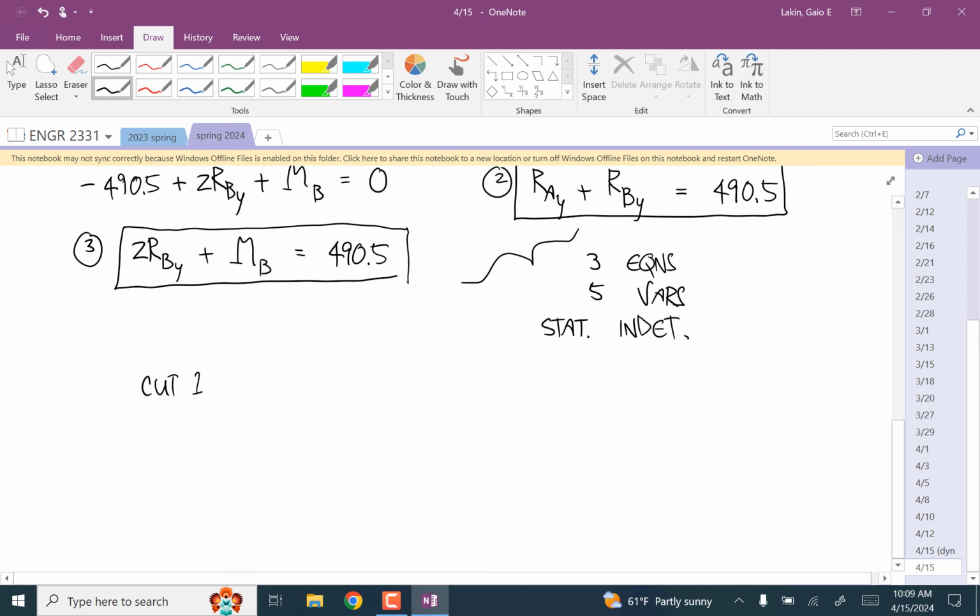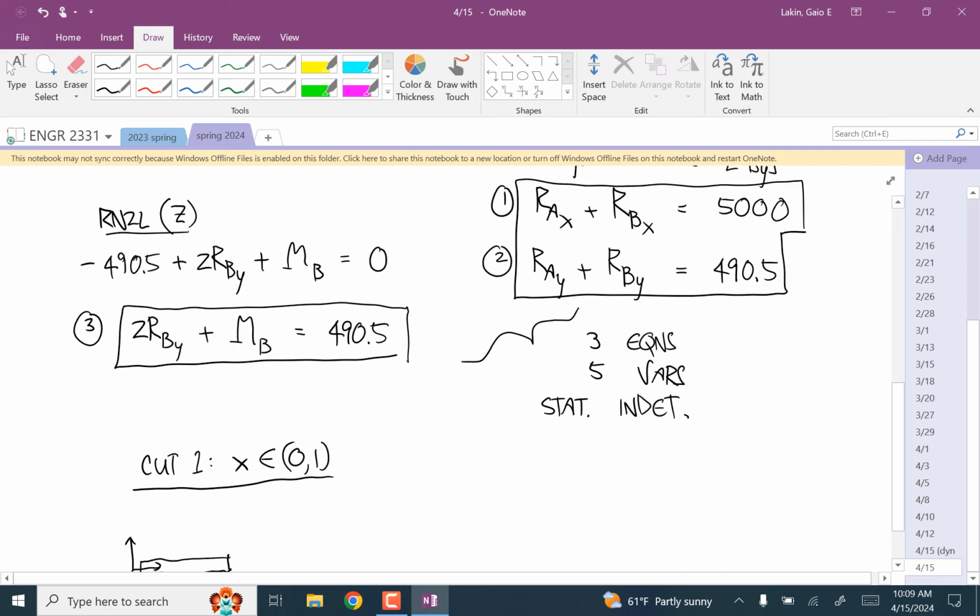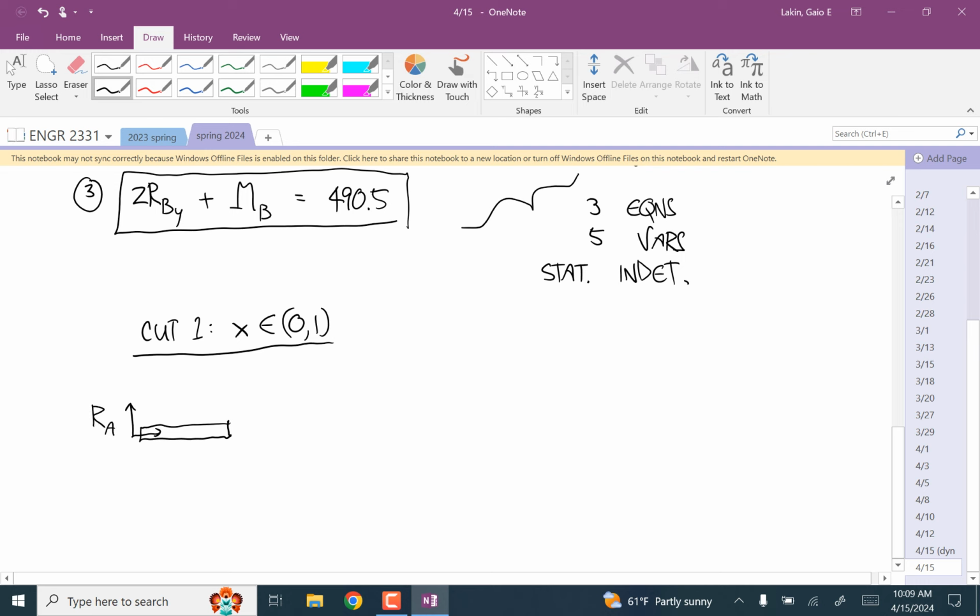Cut 1 is going to be for x values between 0 and 1. We haven't gotten to the 5,000 Newton horizontal force yet. We do have a weight force, but that's a distributed load. So remember that the distributed load is the total weight divided by the total length.